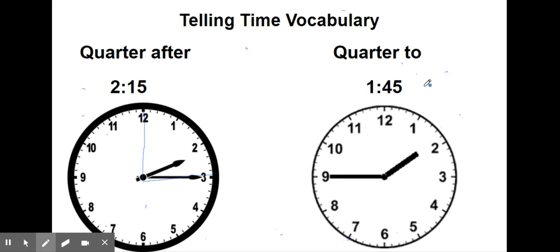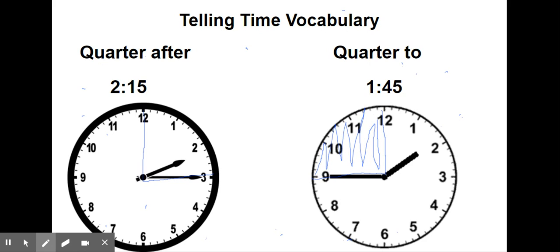On this next clock, you can see that the minute hand isn't pointing to the 3. Instead, it's pointing to the 9. It's a different quarter of the clock. The minute hand has made it all the way around 45 minutes. At the 9 is 45 minutes. But there is a quarter of the clock that it hasn't gone past yet.